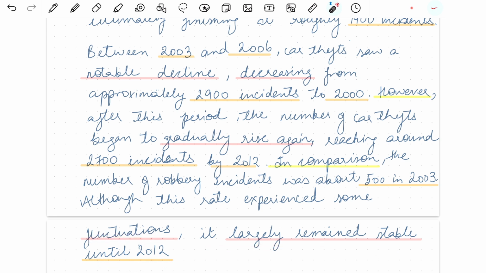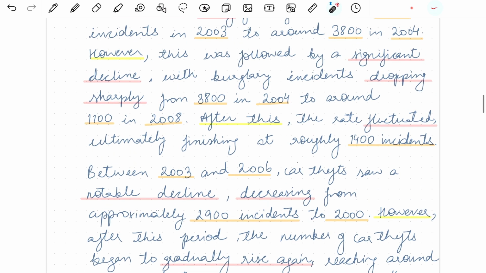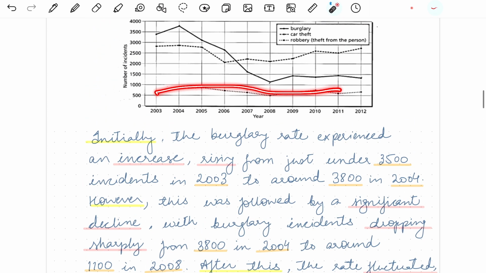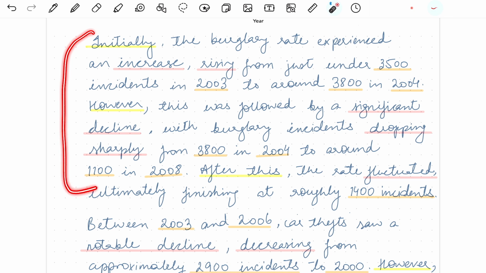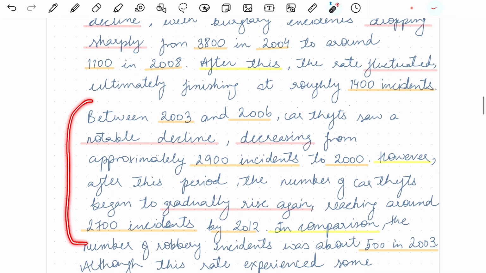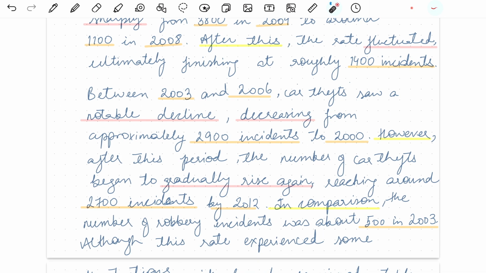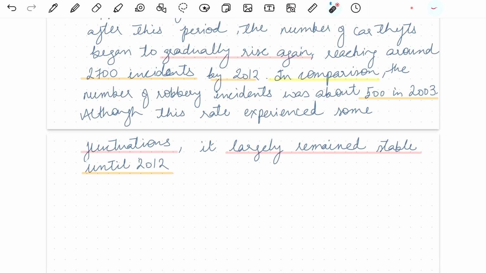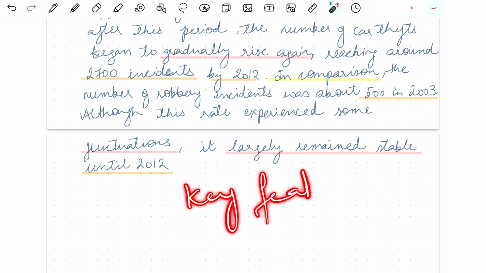So I've chosen not to expand on this data because I have already described the two lines in considerable detail. I did not feel the need to describe the third line as well in a lot of detail because I only need to focus on key features, right?